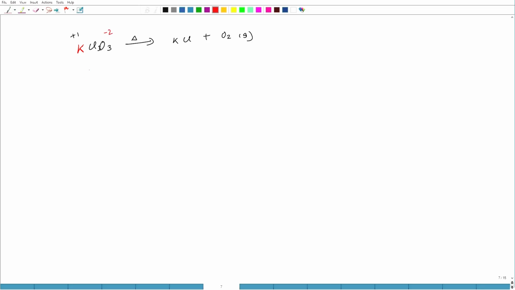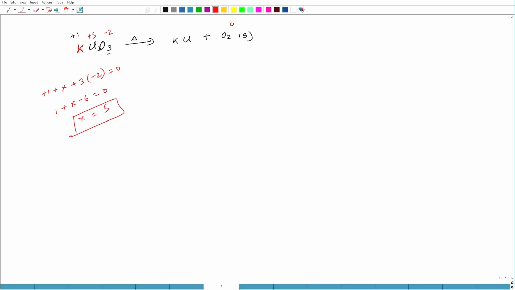For chlorine we assume it is +x, and for 3 oxygens, each corresponds to -2. So, we solve for x: 1 + x - 6 = 0, x = +5. That means the oxidation state of chlorine in KClO3 is +5.